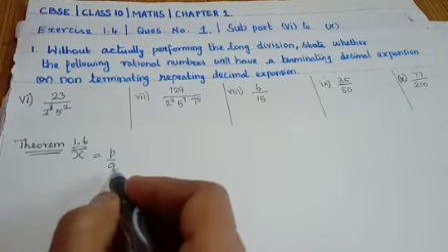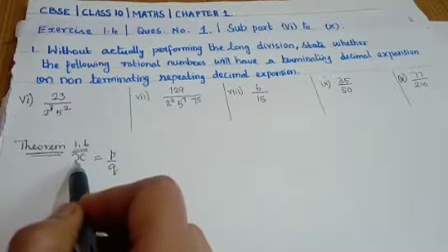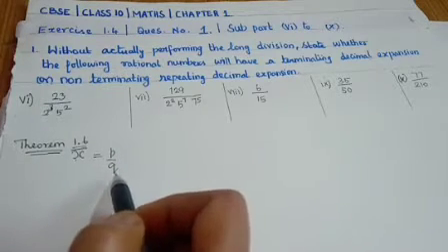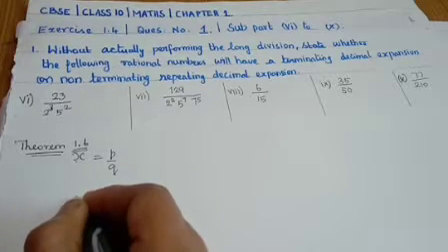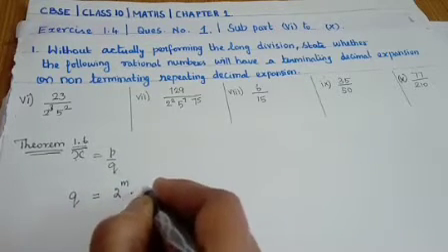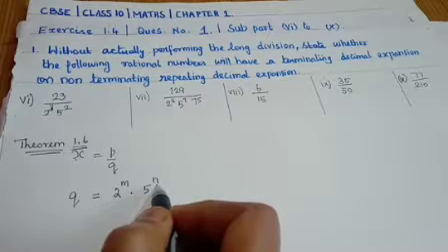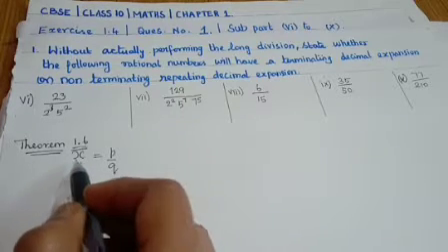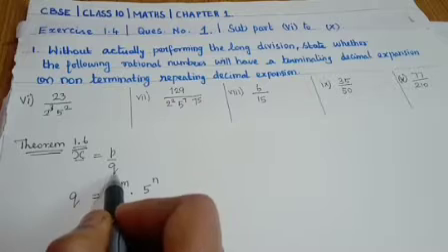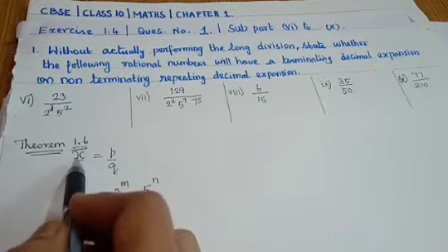If the prime factorization of q is of the form 2 power m into 5 power n, where m and n are non-negative numbers, then the given number x will terminate.